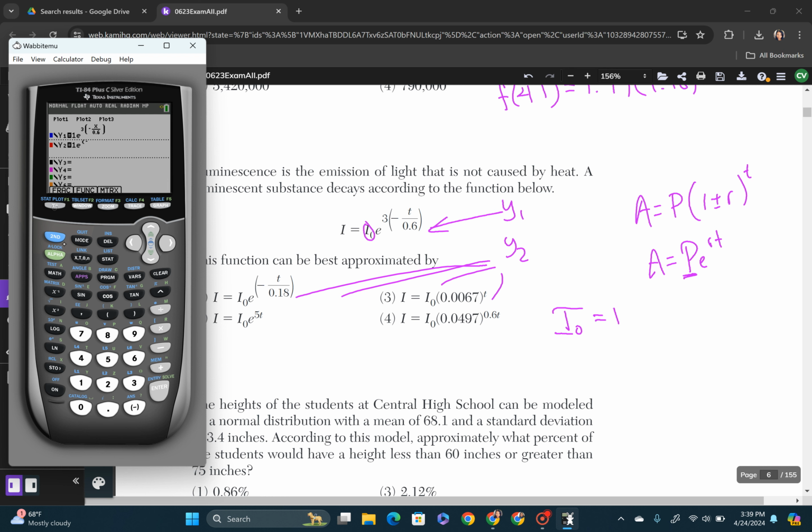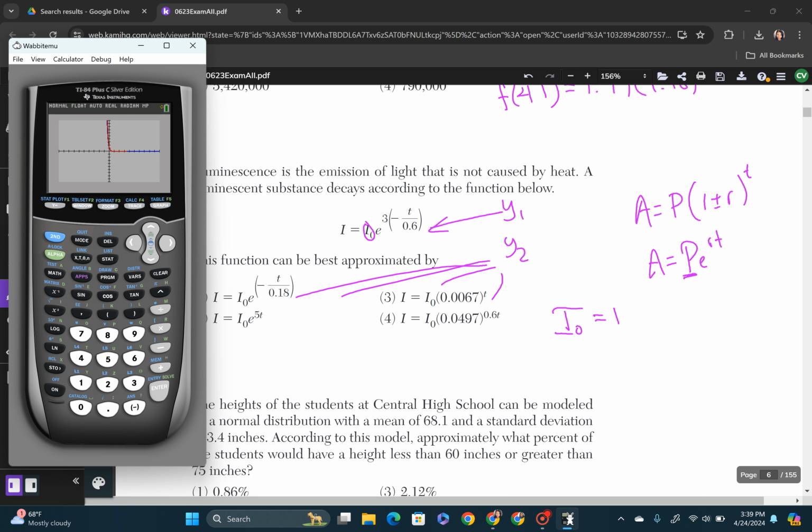I'm going to put x on the top, and on the bottom I have 0.18, and close those parentheses, and I can hit graph, or I can go to my table and see which one looks the same or is very similar. All right, that's my first one. And there's my second one.